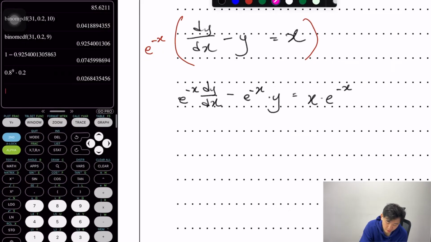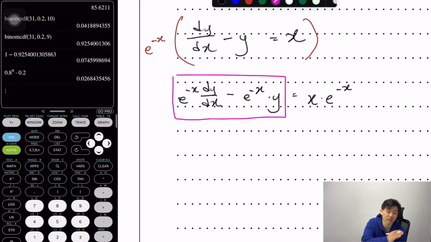Sometimes we cannot do it directly, so we have to think about the reverse process of the product rule. What is this one? Now, I have dy/dx, the original y, and I have e to the power of x and e to the power of negative x.